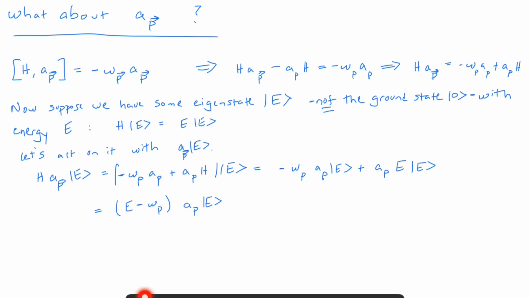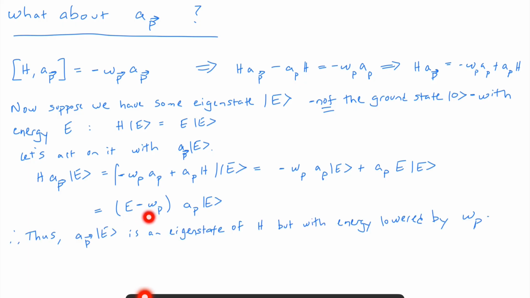And here I result in the same thing again. I started with H hitting this entire ket a sub p E, and I get a sub p E back, but with a different eigenvalue than what I started with. And this new eigenvalue is E minus omega p. So a sub p acting on an eigenstate E is also an eigenstate of H, but with the energy lowered by omega p.